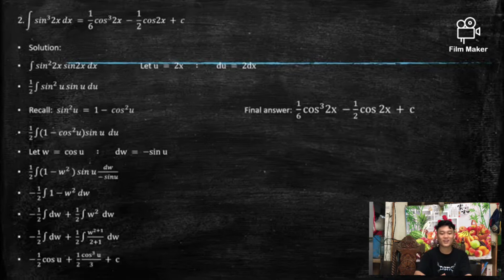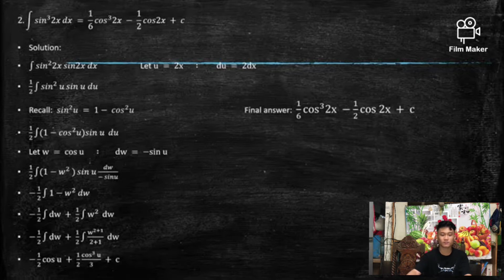For this step, we distribute the integral to each term for simplification: negative 1/2 integral of dw plus 1/2 integral of w squared dw. On this step, we use the power formula on the second term: negative 1/2 integral of dw plus 1/2 integral of w to the power of 2 plus 1 over 2 plus 1 dw.